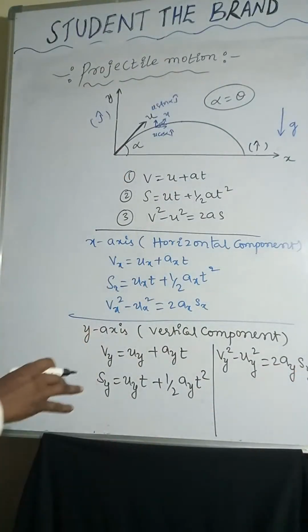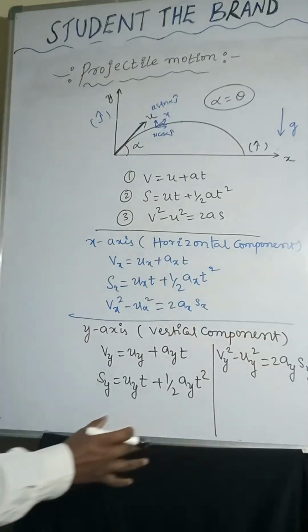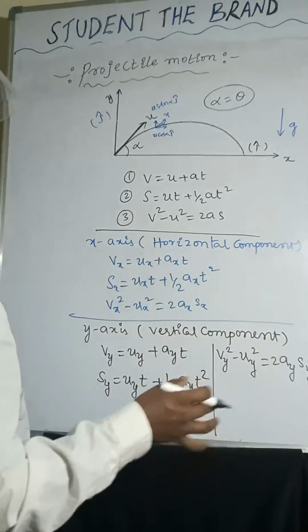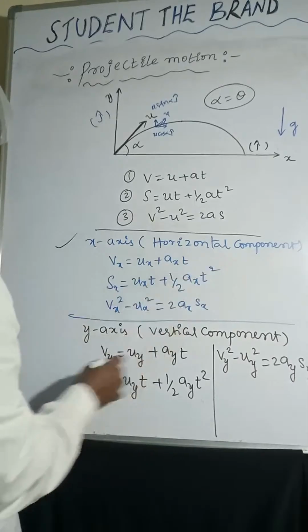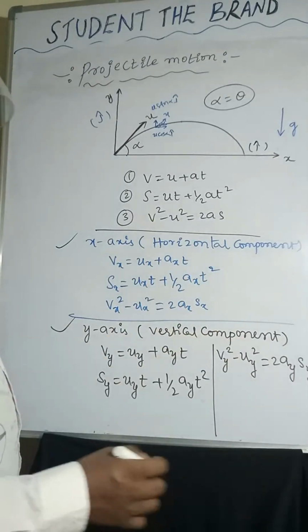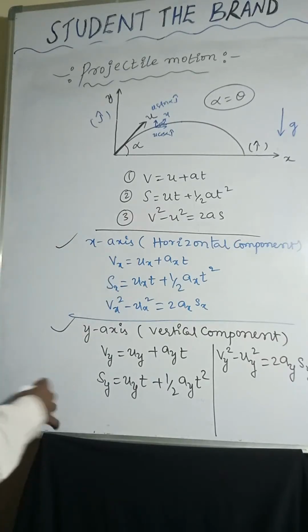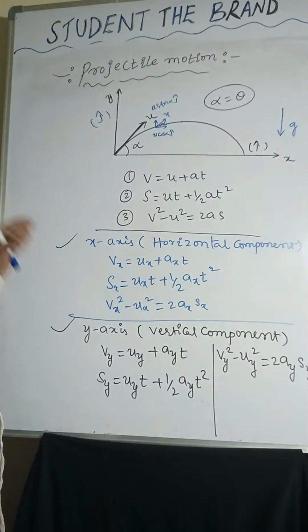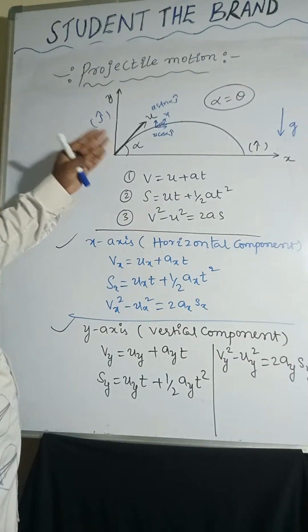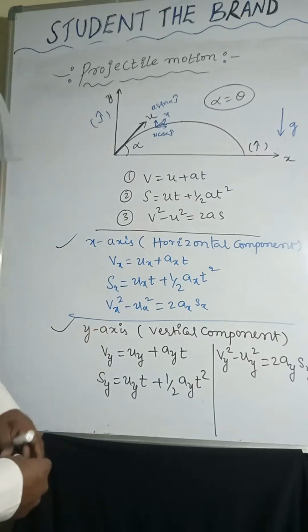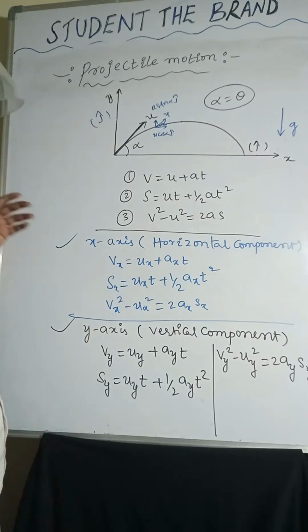So this is about the components along x-axis and y-axis. The x-axis is the horizontal component, the y-axis is the vertical component. Observe carefully, these are very important formulas. If you are taking a formula along x-axis, think about x-axis itself; along y-axis, think about y-axis.